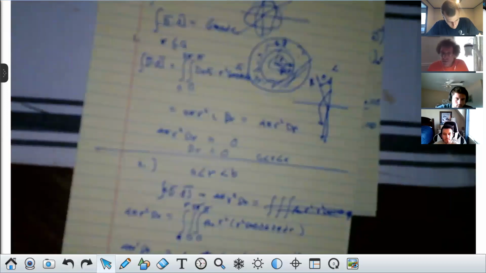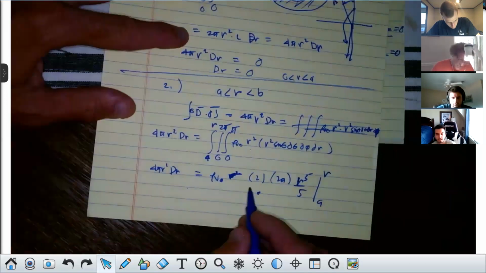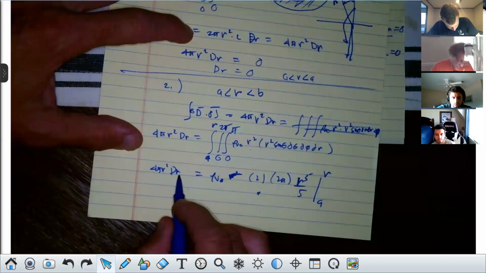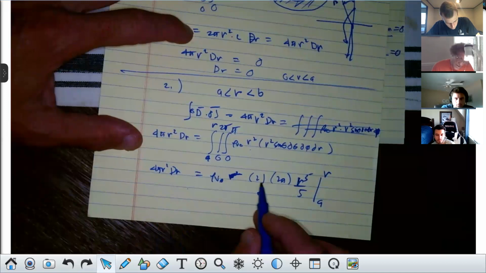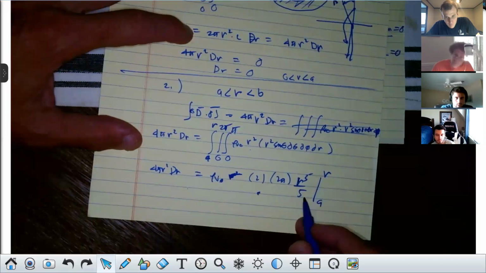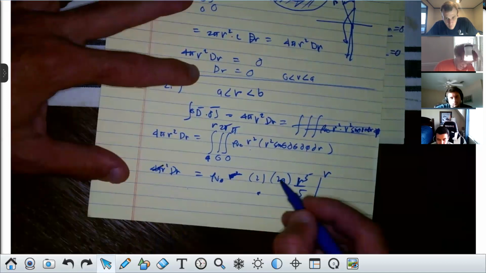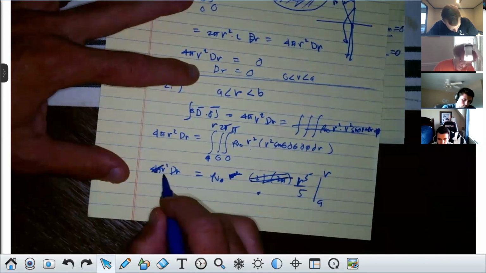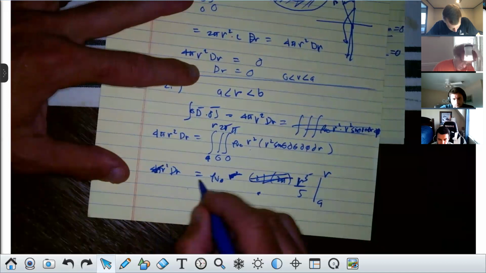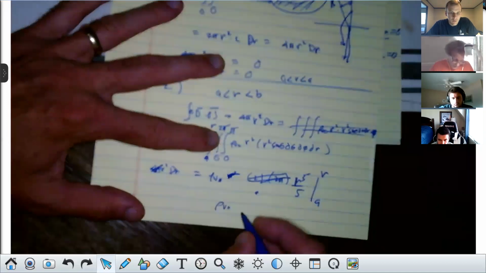Can you scoot the paper up just a bit? Yeah, thank you. This is just the surface times dr. So it's 4 pi r squared dr, rho v 0, then we're going to have 4 pi here, and then we have r to the 5th over 5. Agreed? Then I'll put in the limits here, but I'm going to just show you that the 4 pi's cancel, right? That's going away. Then I can take the rho v 0 over r squared.